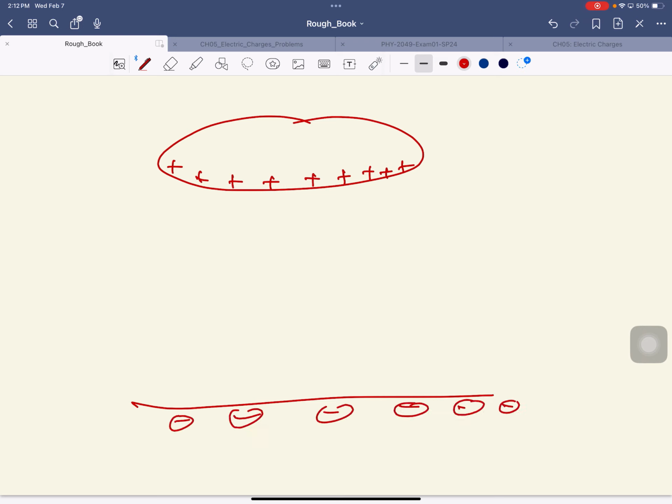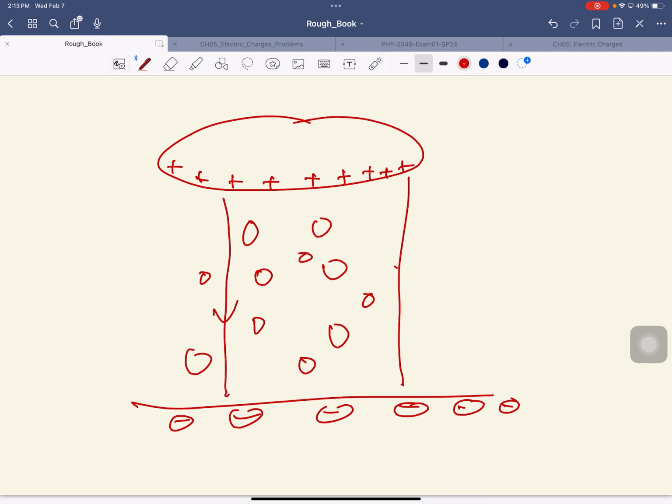And it attracts negative charge in the ground. Now we want to discharge this cloud, except that we have a whole bunch of neutral atoms, and they won't conduct electricity. What this does is it creates an electric field like that. But if you have a bunch of neutral particles, these guys don't care about the electric field.